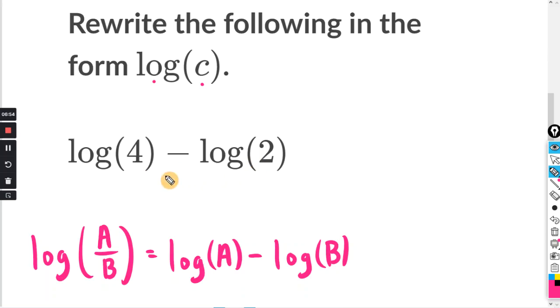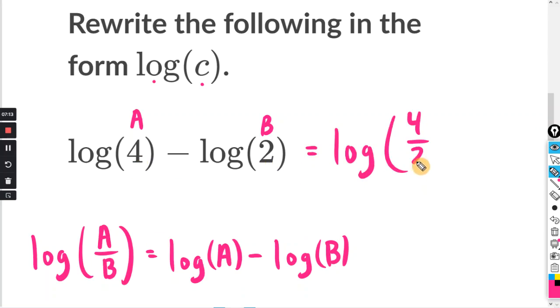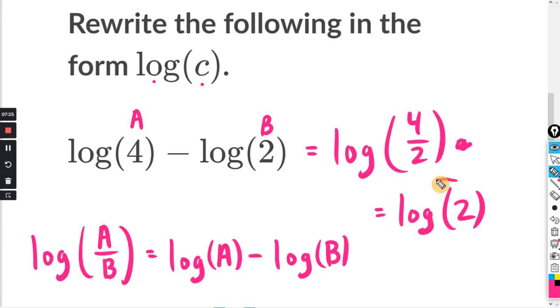So since we have two logs subtracted from each other, we can use this rule. Okay, clearly this one is the a and this one is the b. So it's going to be the log of a divided by b. So that's going to be the log of 4 divided by 2. And of course, we know that 4 divided by 2 is just 2. So that's it.